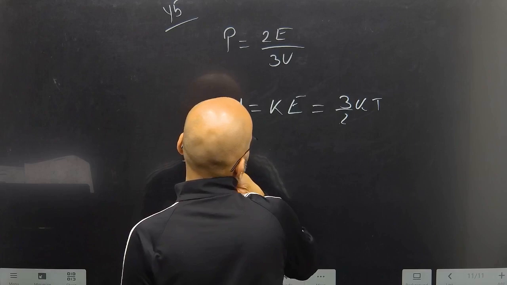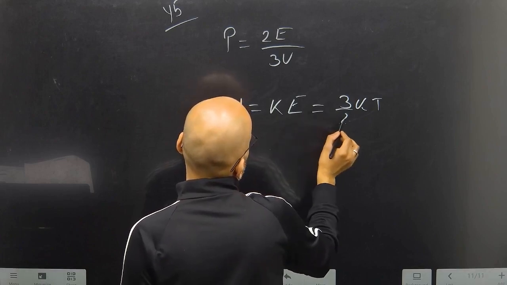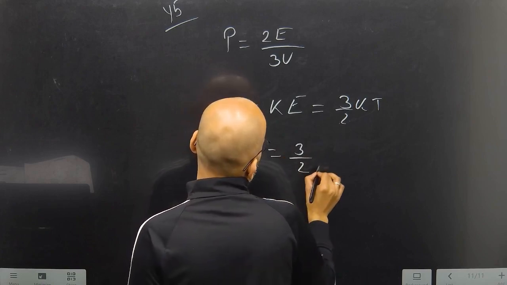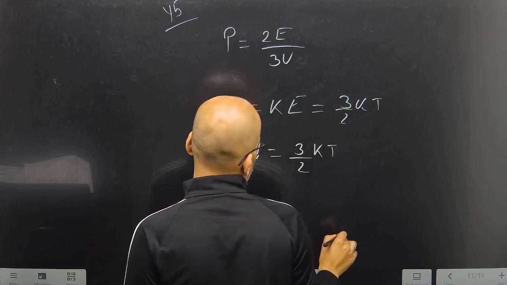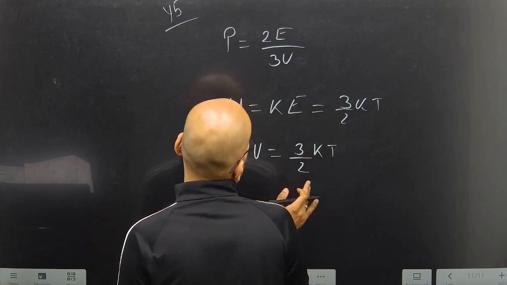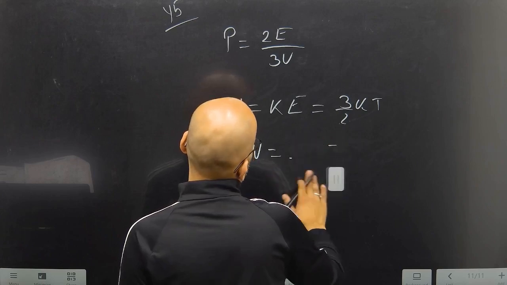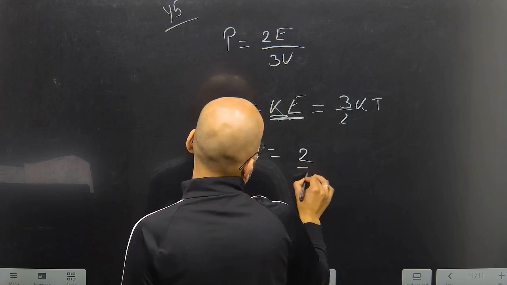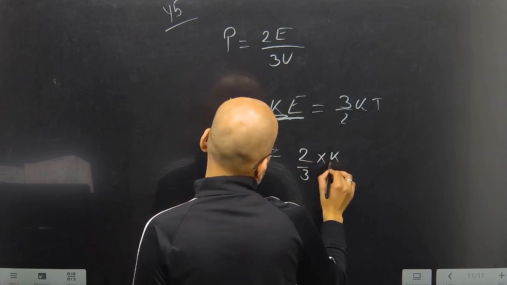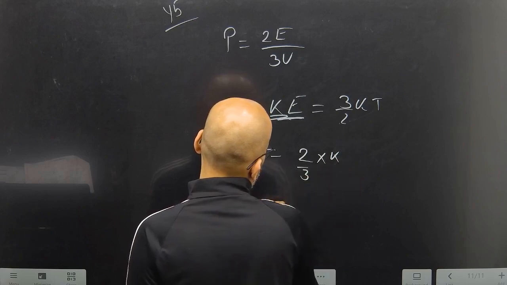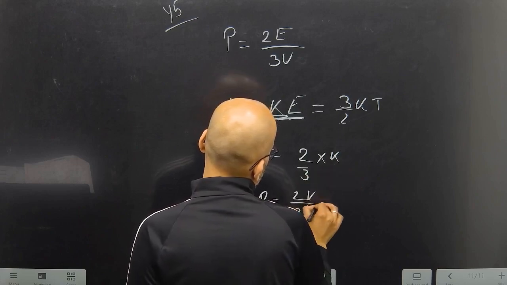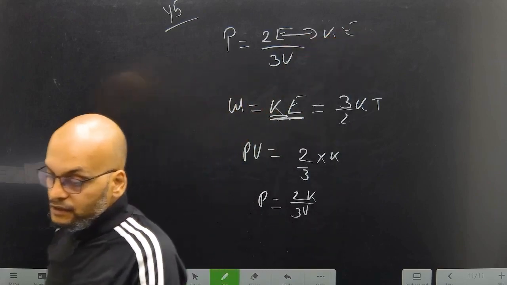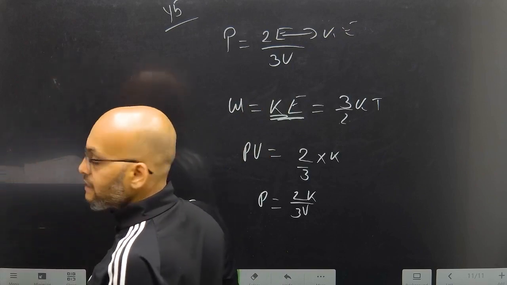Work done is equal to PV. So PV is equal to 3 by 2 kT. So if you are talking in terms of kinetic energy, 2 by 3 into kinetic energy, and transfer the volume. So 2 by 3V into kinetic energy. So this is representing kinetic energy. I just showed it. So 45, option A, translational kinetic energy.